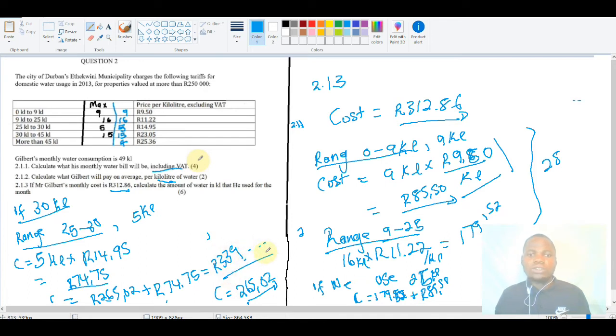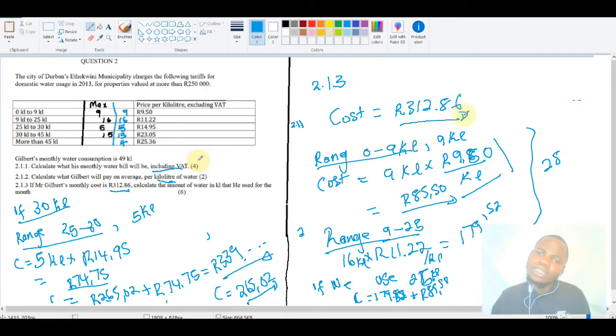Okay, so this is not important. Now, what do we know? What is this whole process that I've taken so much time to do telling us? So now you see, if he uses 30 kiloliters, he is supposed to pay 339 rand.